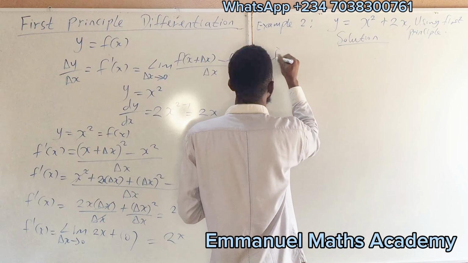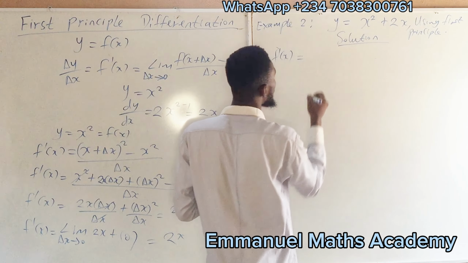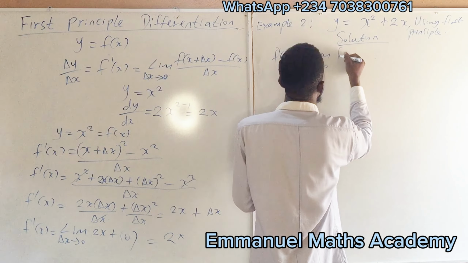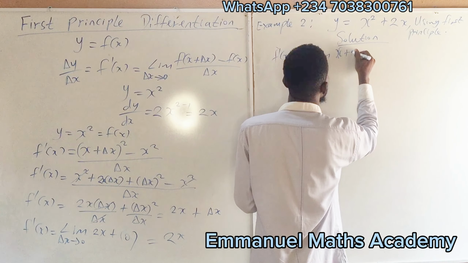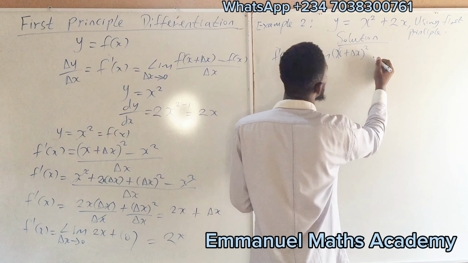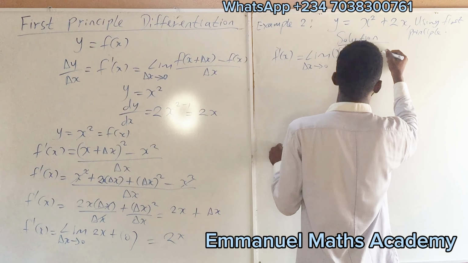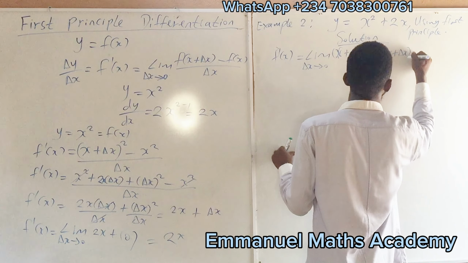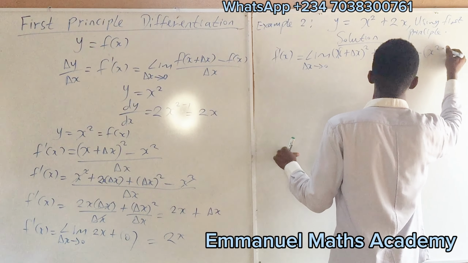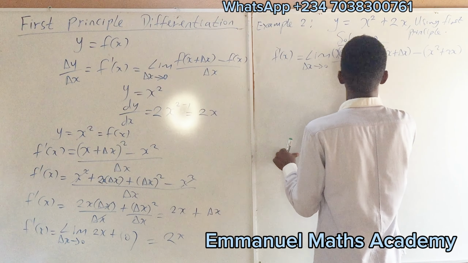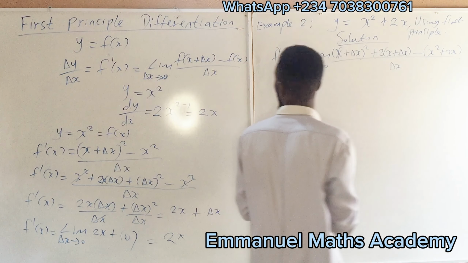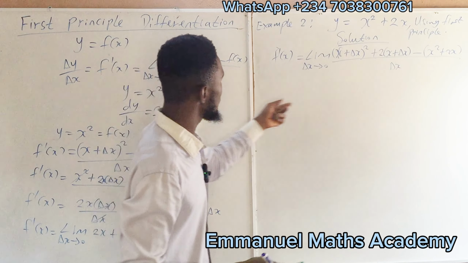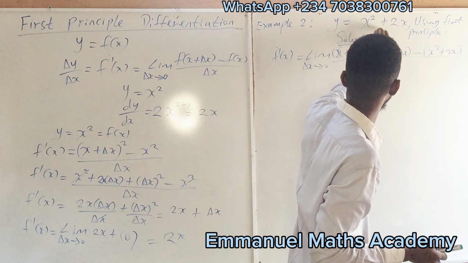So f prime of x is equal to the limit of delta x tends to 0 of x plus delta x power 2 plus 2 times x plus delta x, minus x squared plus 2x, all over delta x. By this definition here, you have that this will be subtracting this because this is your f of x.